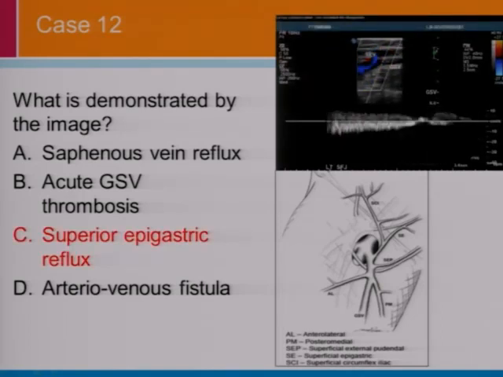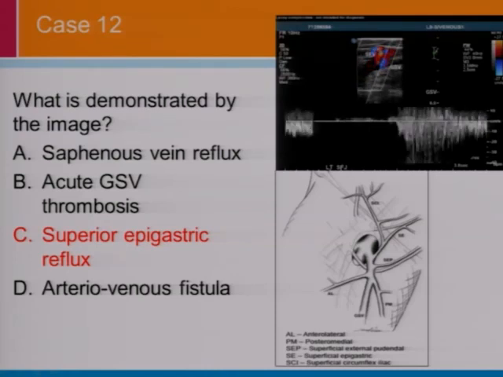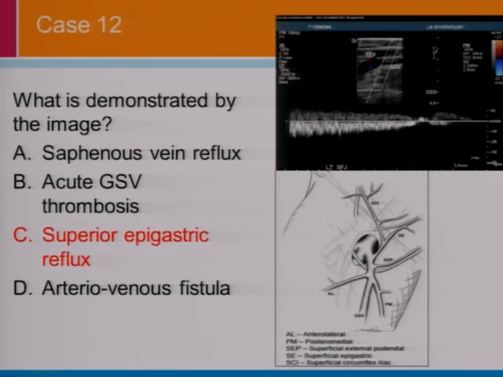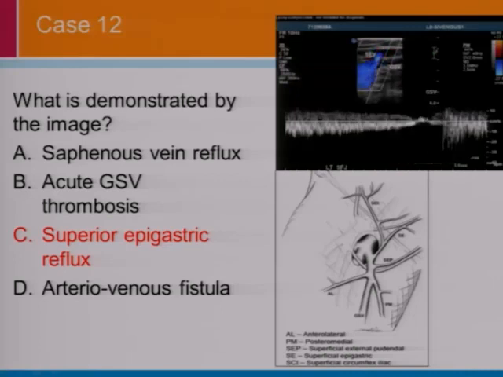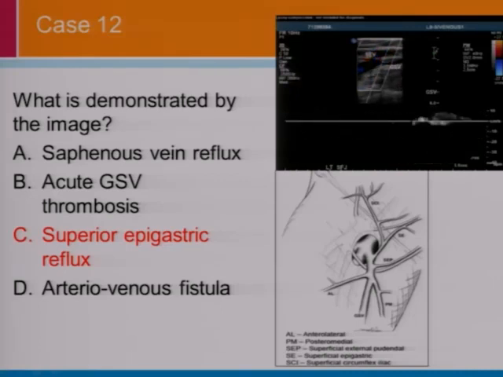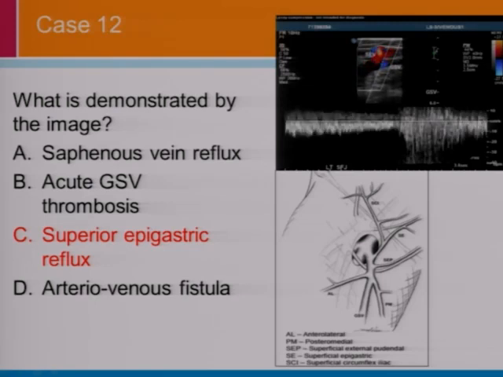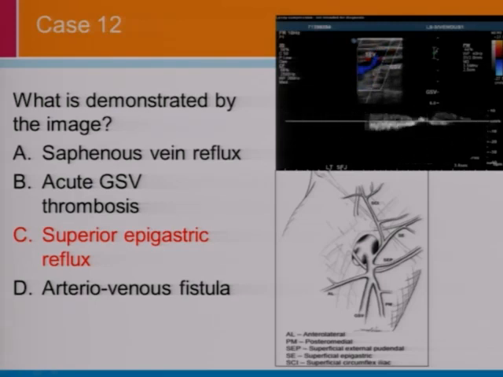It's competent, but we've got a marked amount of reflux up into the superior epigastric vein. You remember coming in at the groin, we have multiple branches. It's not uncommon for us to have reflux back into, particularly the superior epigastric vein, less commonly, because we usually get back past this, the pudendal.